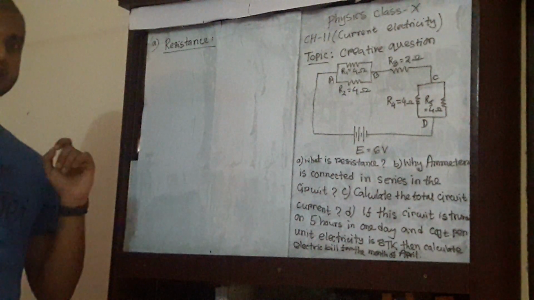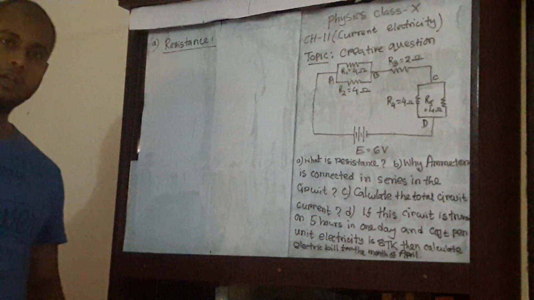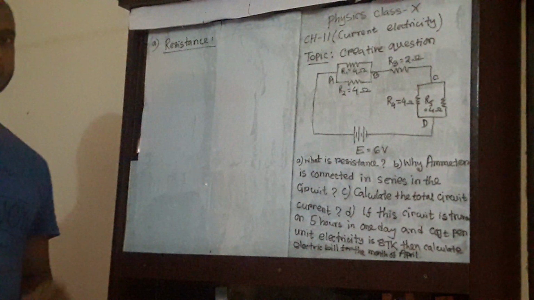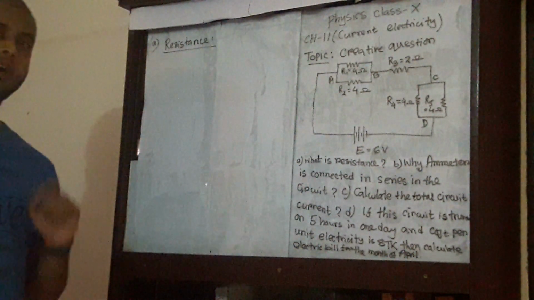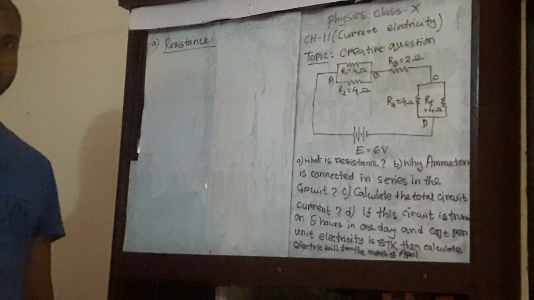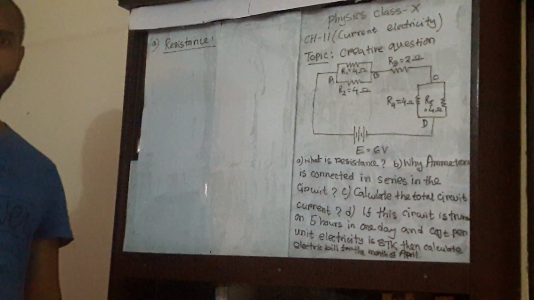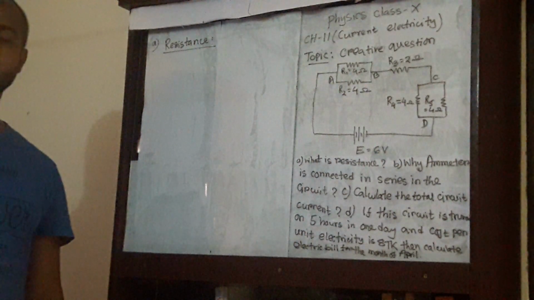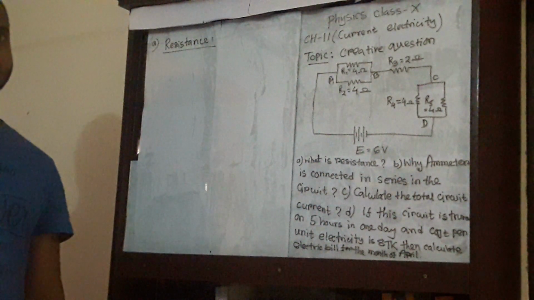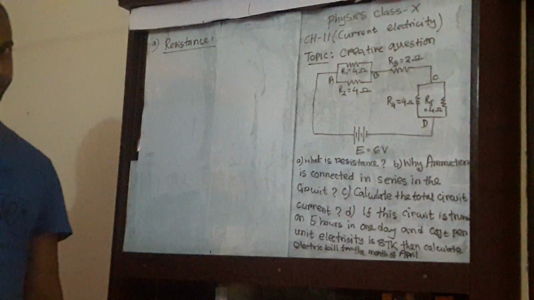So, as a definition, I can say that the electric property of any circuit which can create obstacles when electricity passes through it is called resistance.